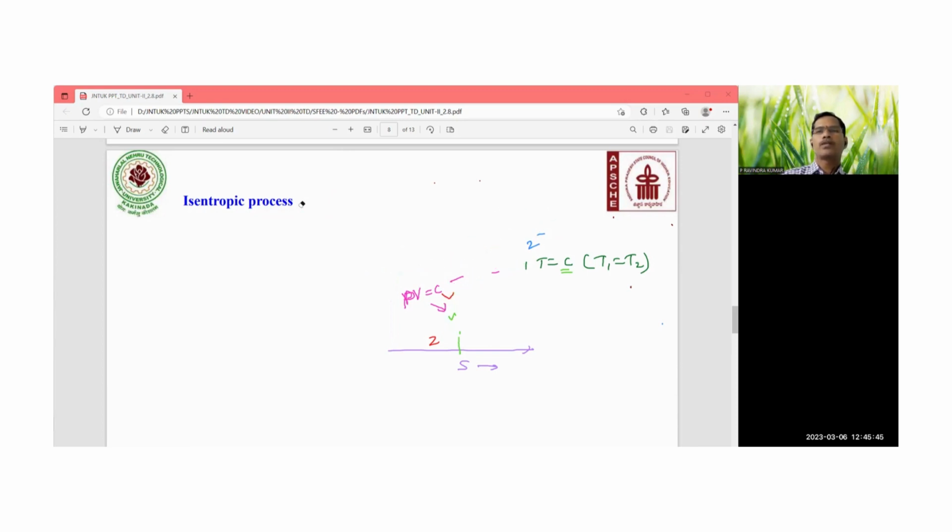So for today's class, what I have discussed is developing the heat and work transfer relations for open system when it is subjected to the different processes. For a constant pressure process, work done is 0.